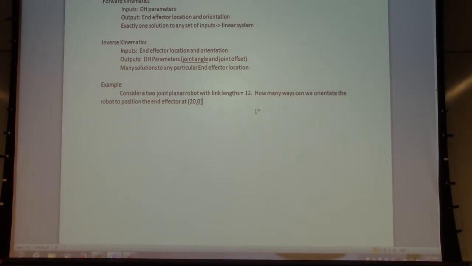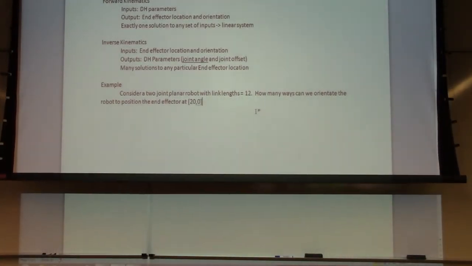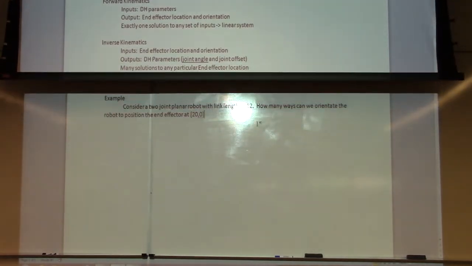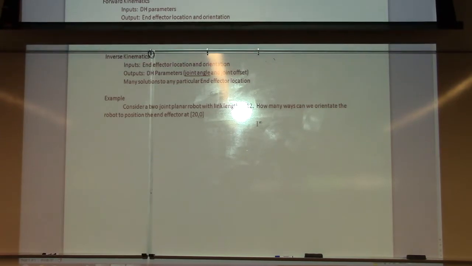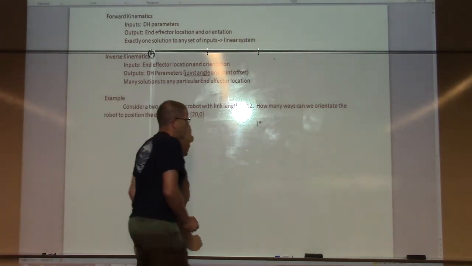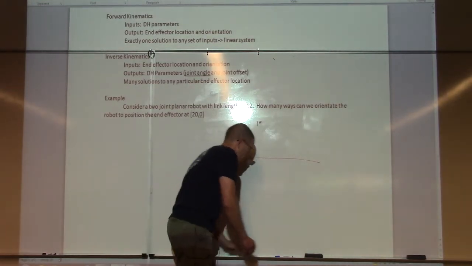So, okay, what's this going to look like? Let me run up to the board real quick. Okay, I have one here. So what we have here is we had our robot sitting here at 0, 0.